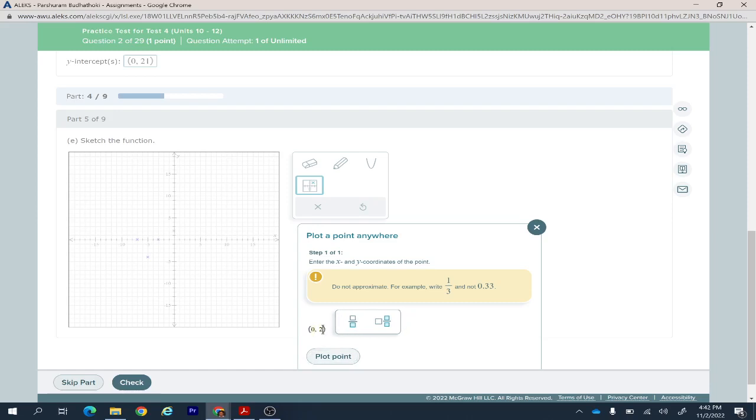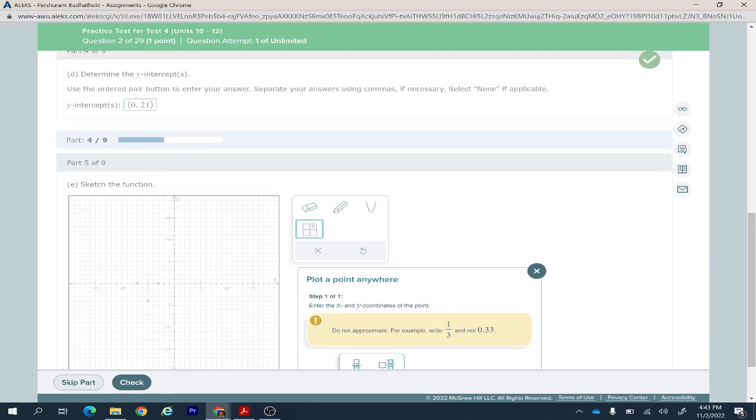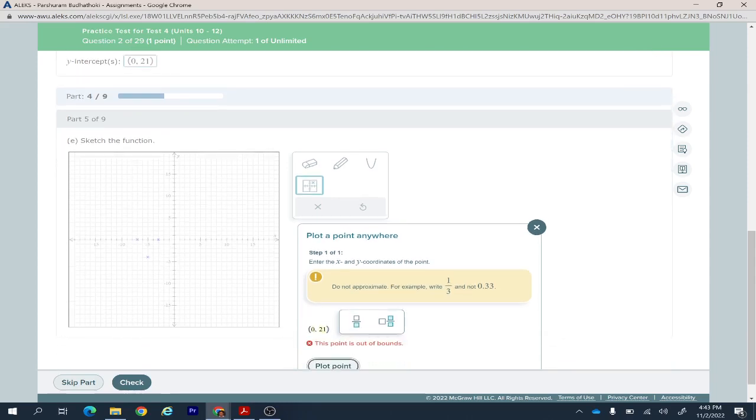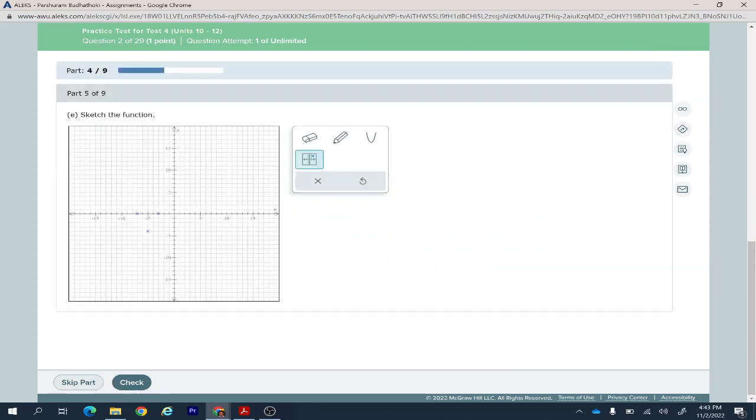These are enough points we can use to plot the graph. Oh yeah, 21 is not plottable because if you look at the frame here, this y value goes up to 20, so I cannot plot this 21, so just forget about this. Now I can just use the vertex here and these points here. Yes, you just have to click one of the points.